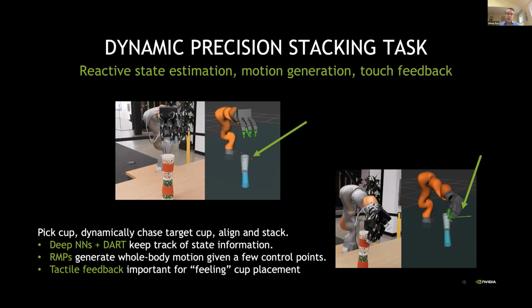These poses now are sent as goal points to RMPs, which are Riemannian motion policies, which is a reactive control regime that then reactively controls the Allegro hand and the KUKA arm in order to achieve these goal points. Okay, and then once it's there, it's closing them in order to make contact with the object.